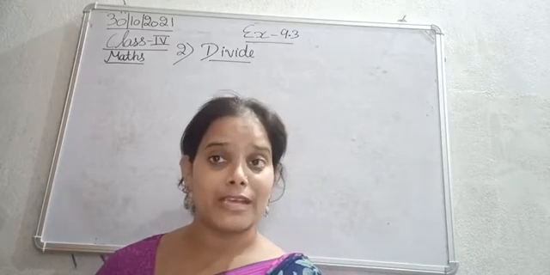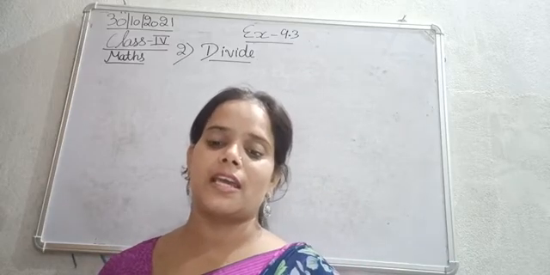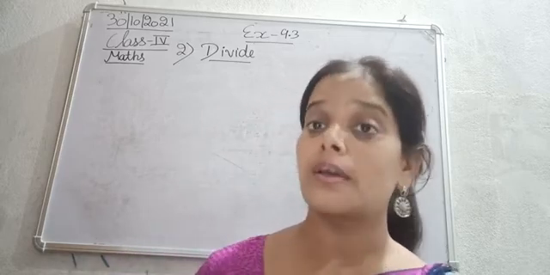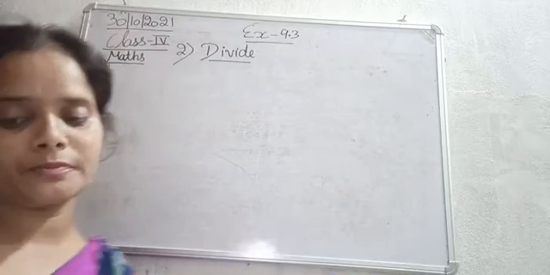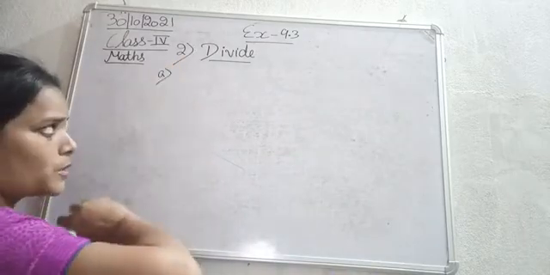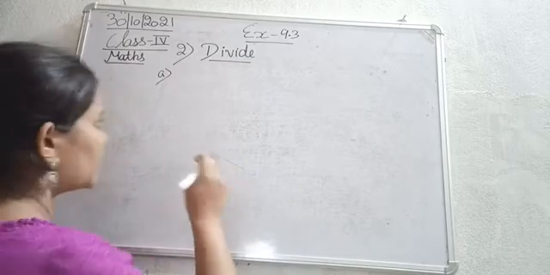So 905 rupees को 5 से divide करना है. So divide 905 rupees 95 paisa by 5. So let's divide it. Okay, so simple division as usual.